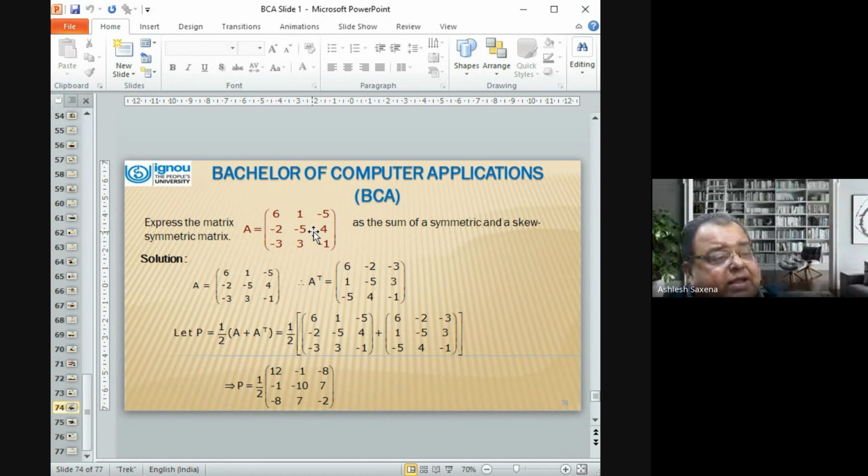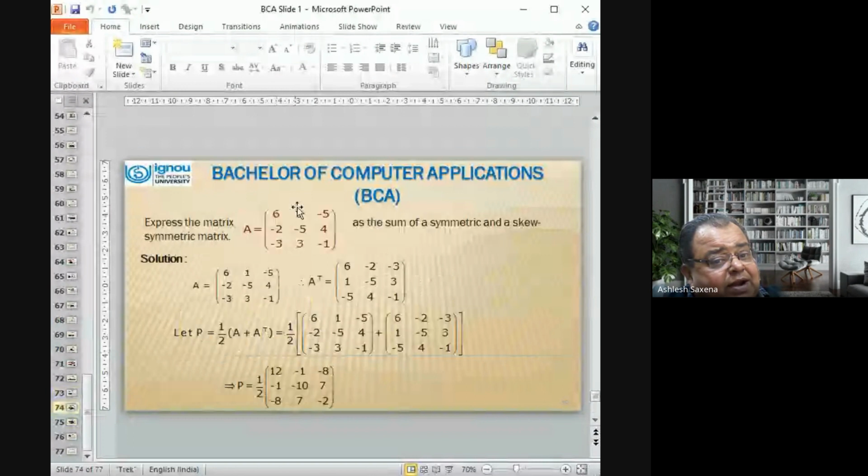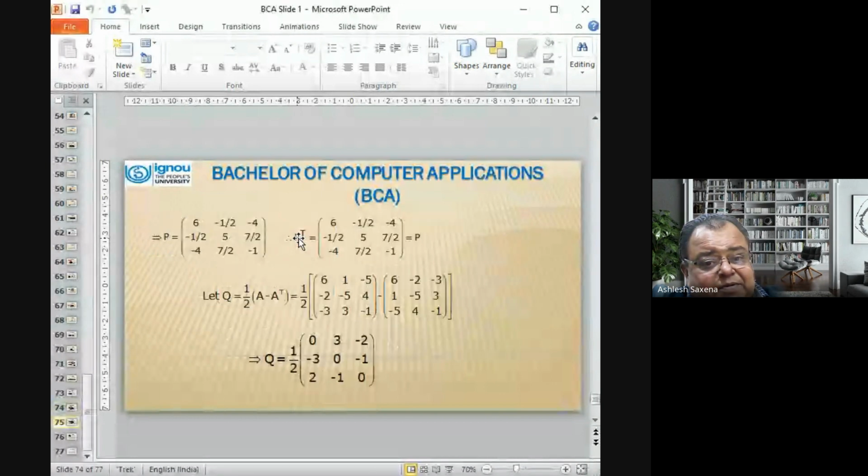If you are getting this, that means your solution is perfectly correct. If P plus Q is equal to the original matrix, your answer is absolutely correct.